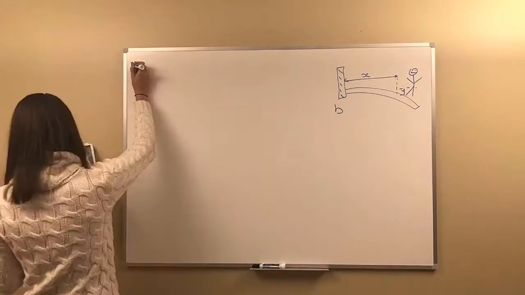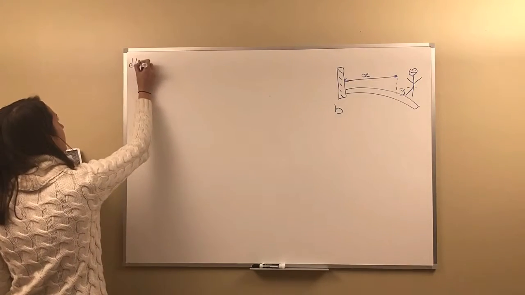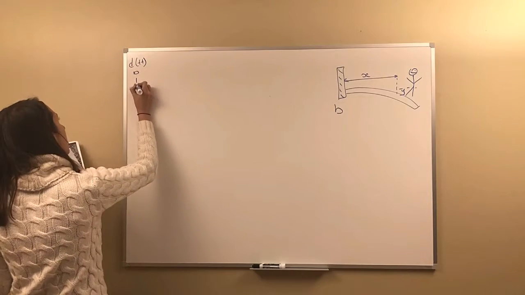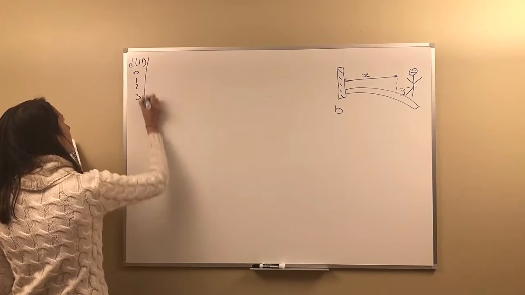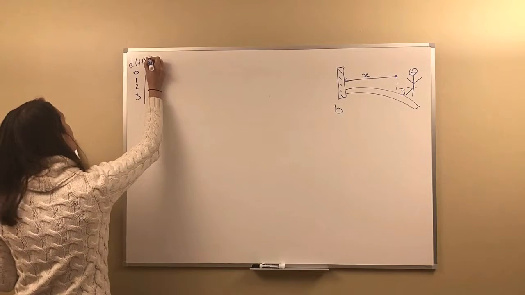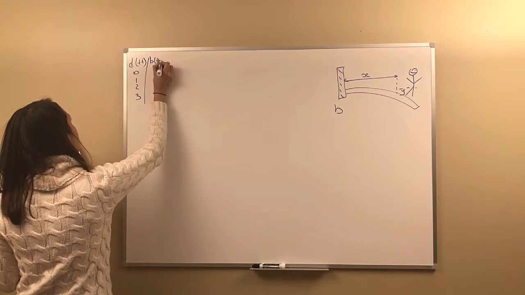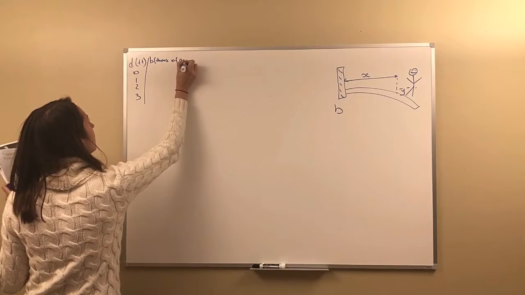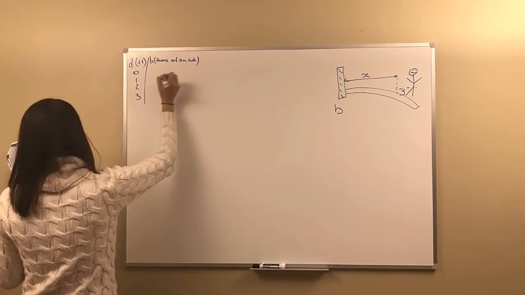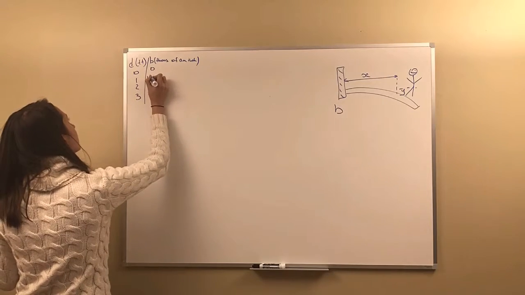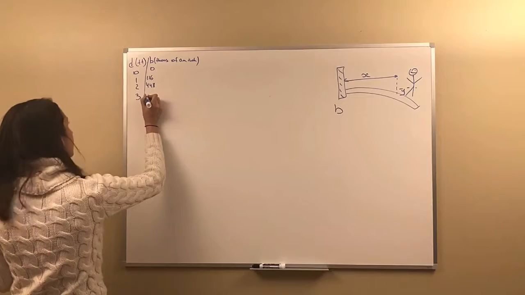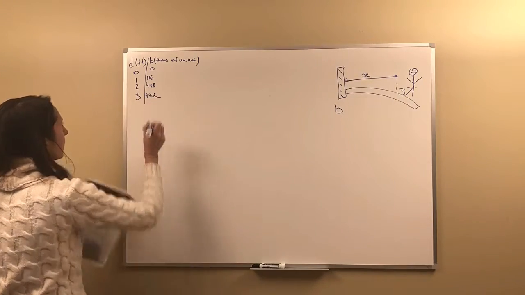They already told us. So we have here distance in feet: 0, 1, 2, and 3. And we have B in thousandths of an inch: 0, 116, 448, 972.